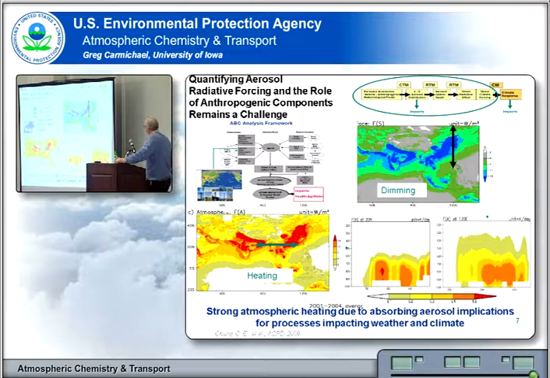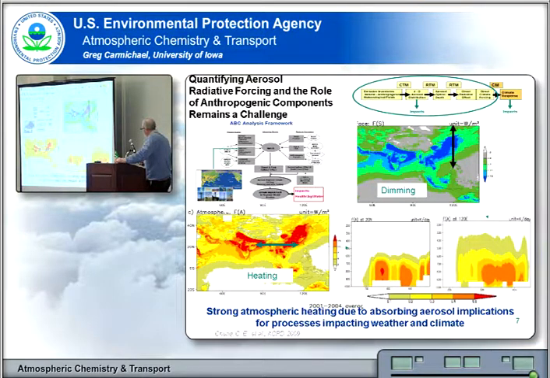You can see here the mean distribution of dimming at the surface, the atmospheric warming due to the absorbing aerosol, and model calculations of the vertical distribution of the heating rates in Kelvin per day.